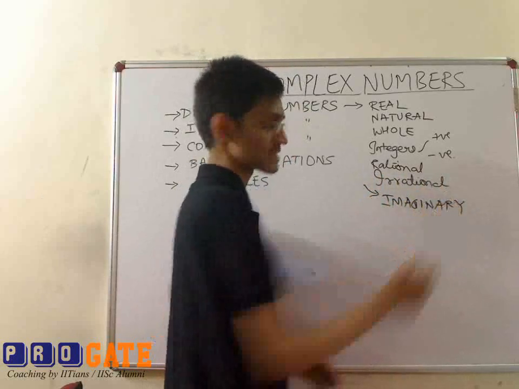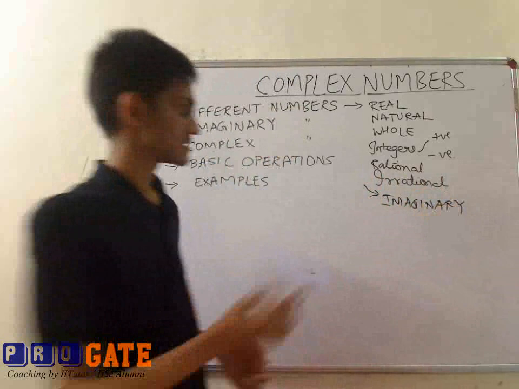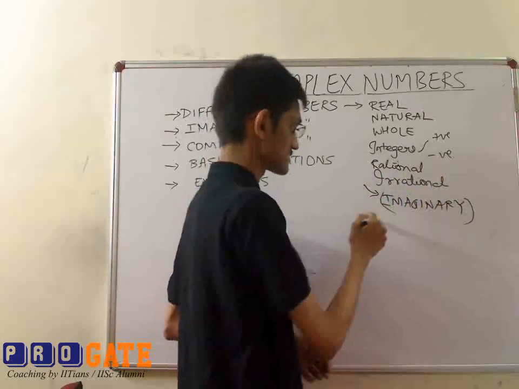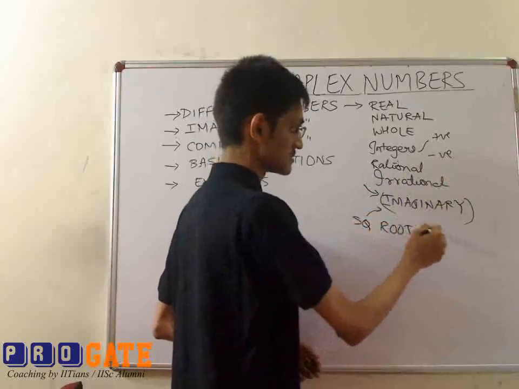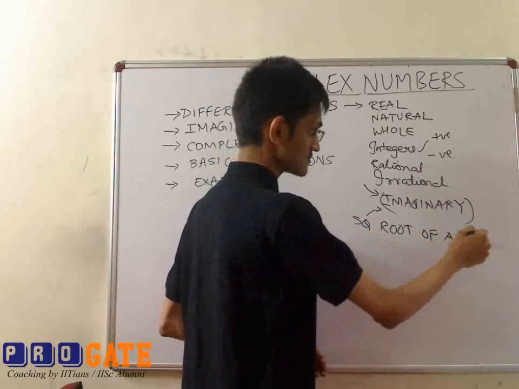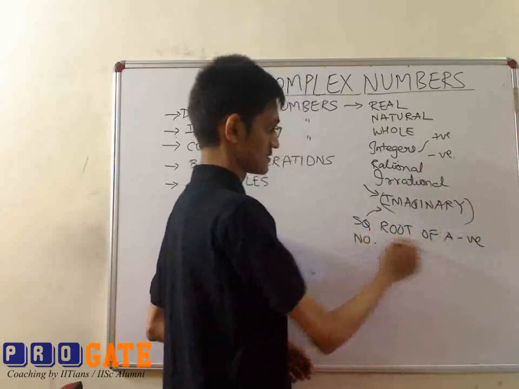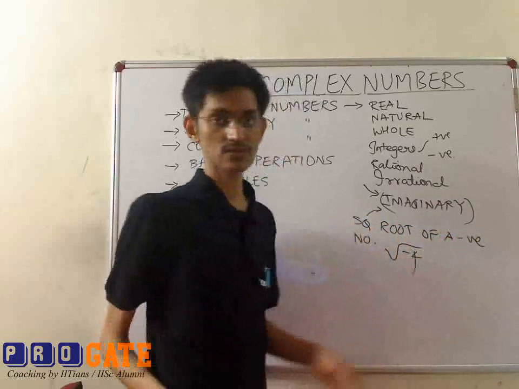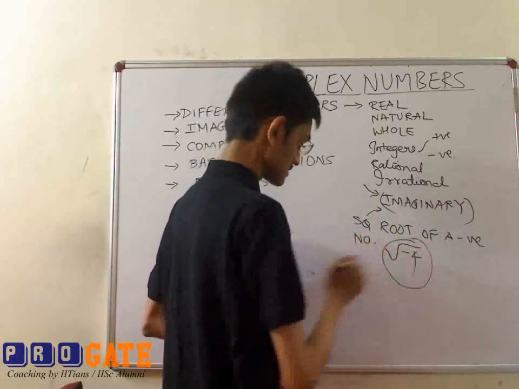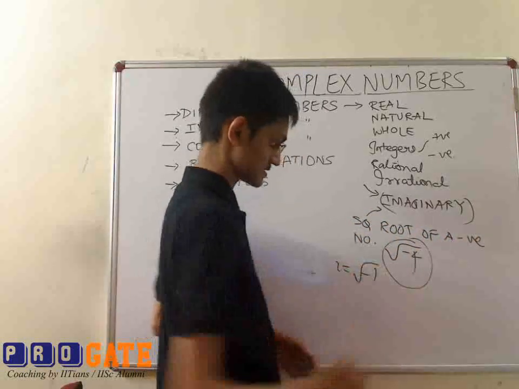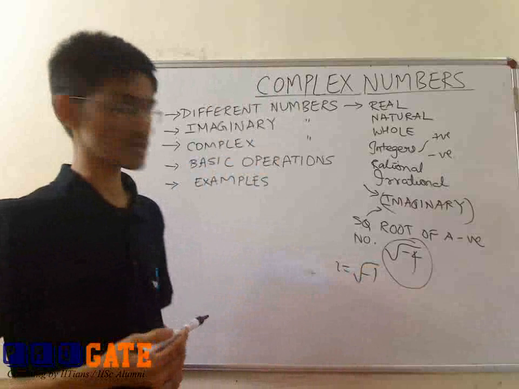As you all know, when you take the square root of a negative number, it gives us an imaginary number. We take the square root of -4. So how do we go about this? We define a unit number which is i equal to square root of -1.